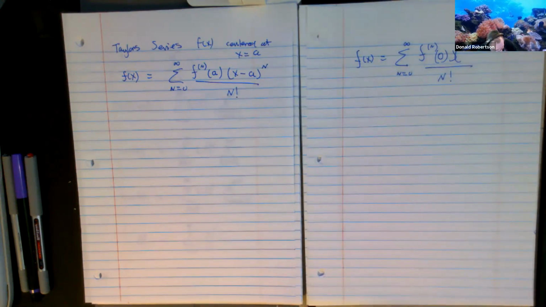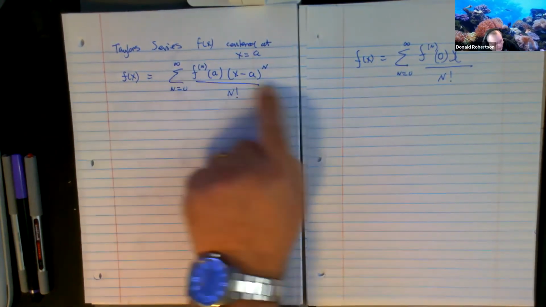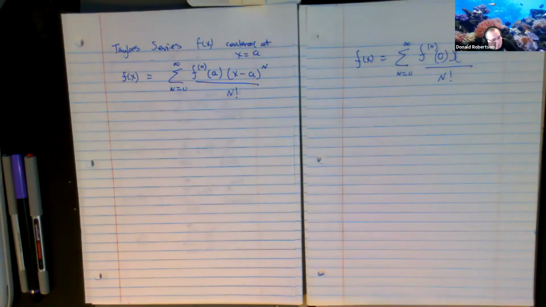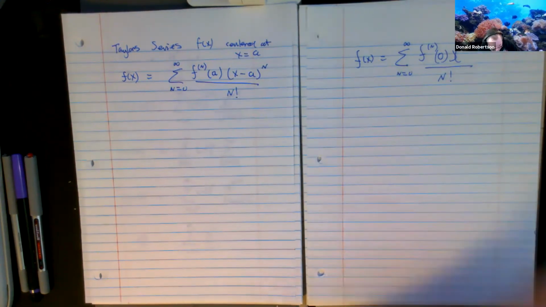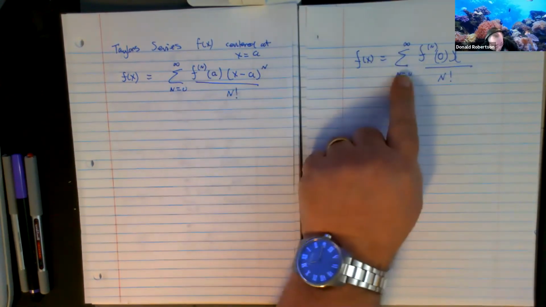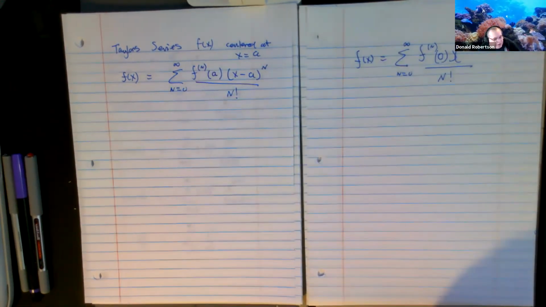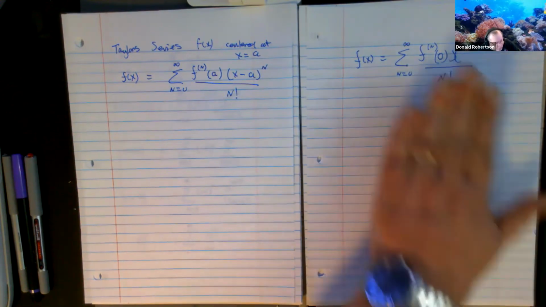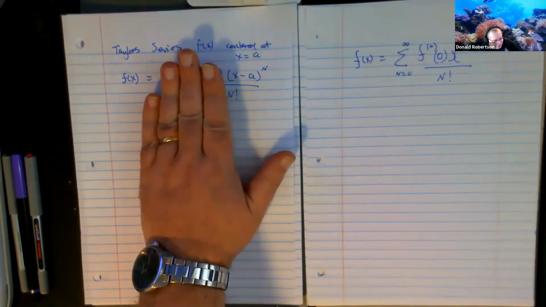And then Taylor came along and said, hey, you know, you don't need to be centered at 0. You could be centered at 4 or 42. And this is the power series that you get. So quite a lot of overlap. Would you agree that this is just a special case of this one? And so all the things that we've been doing with this, we can also do with this.